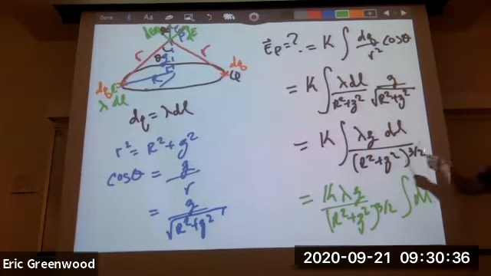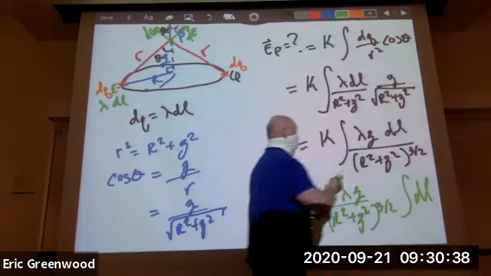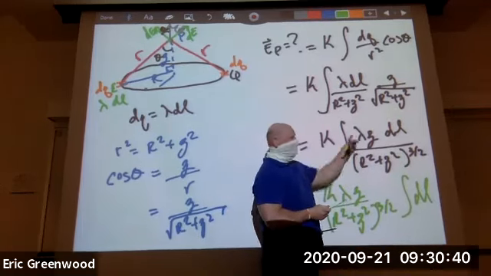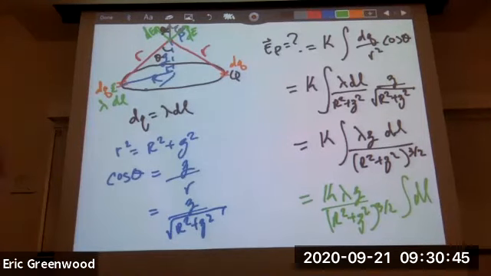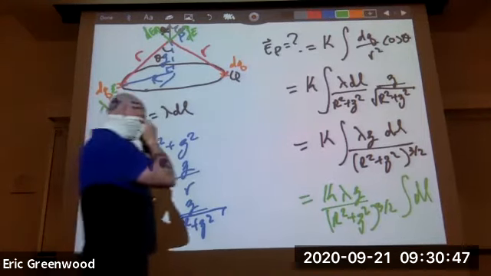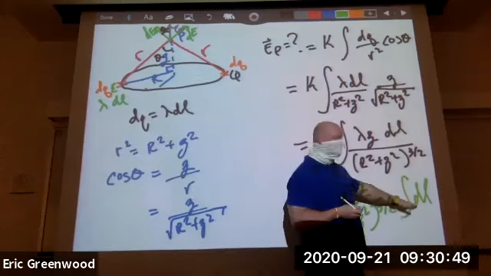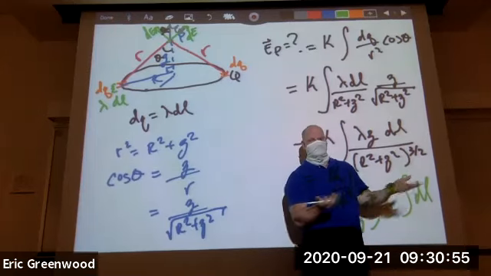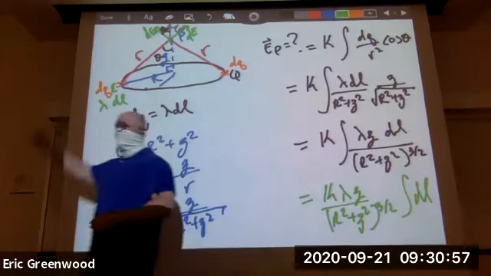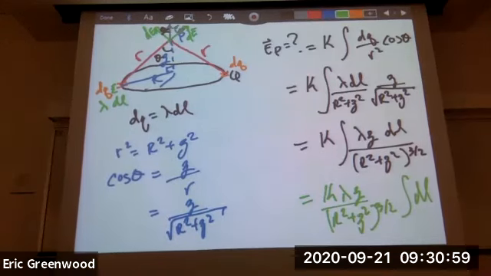Because again, here, z, r, and lambda are all independent of dl, which means they're all simply constants, which means I can pull them outside of the integral, which means the only thing I have here is the integral of dl. Well, what's the integral of dl? L. L is simply equal to the length of the ring, but what's the length of the ring? 2 pi times the radius, right?